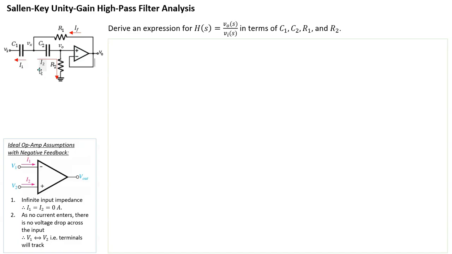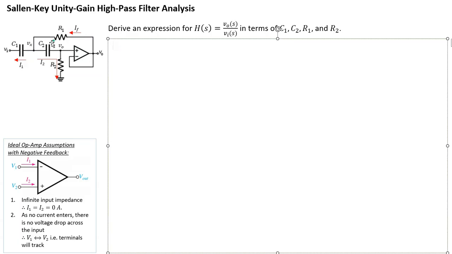Now that we have all these currents and nodes labeled, let's figure out some equations that we can use to derive the transfer function, because remember, in the end, we need to get to an expression of Vout over Vin.